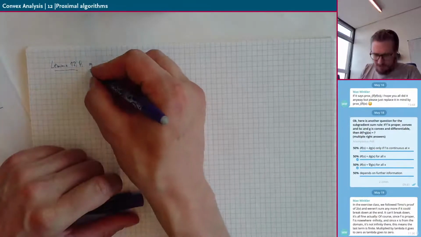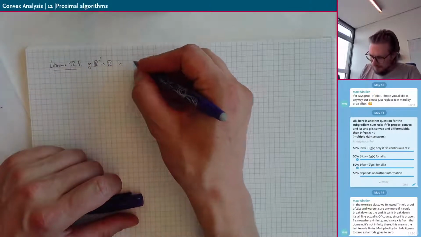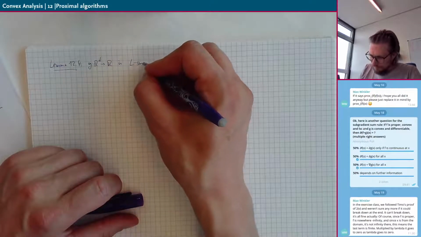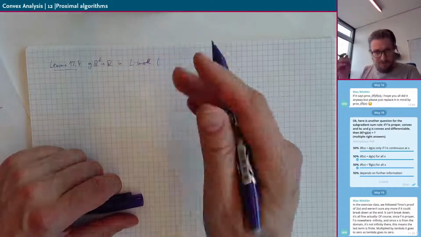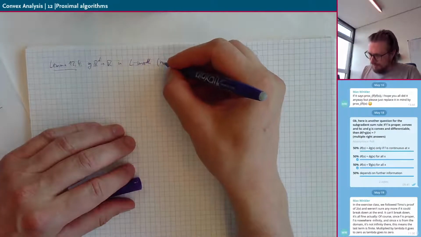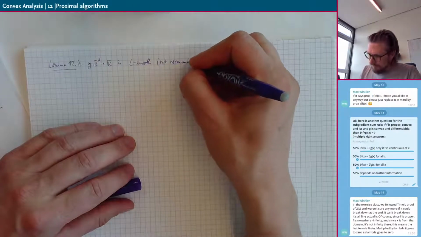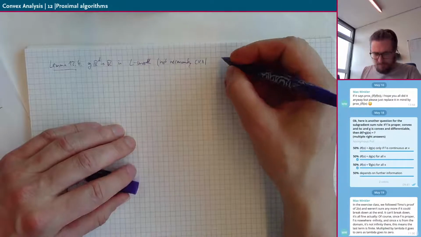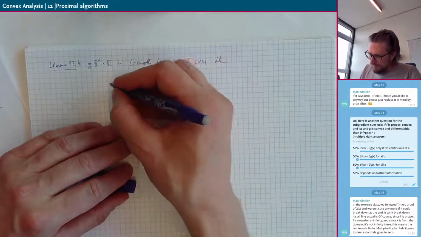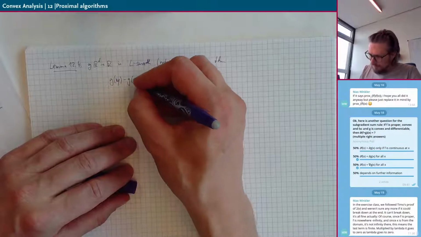So if g is L smooth, which just means that the gradient is L Lipschitz, and not necessarily convex, just L smooth, then we have the following.